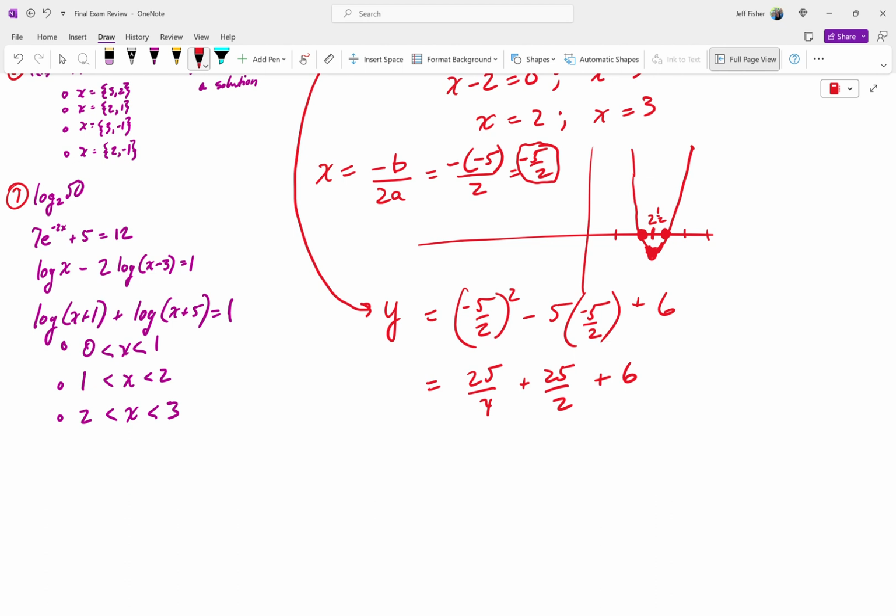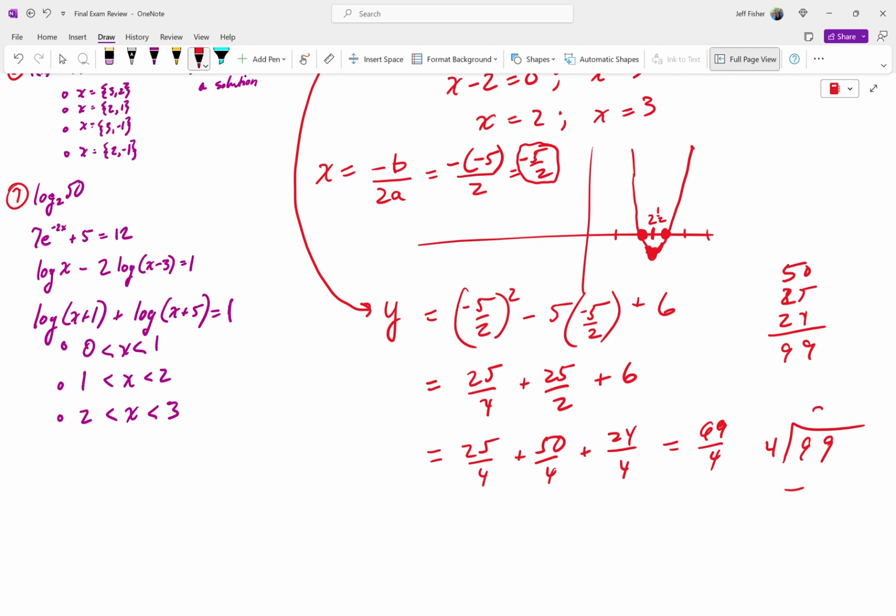If we create the common denominator of 4, we'll have 25/4 minus 50/4 plus 24/4. And so that's going to give us 25 minus 50 plus 24, which is negative 1, so negative 1/4. That's the value. So what's 4 into 1? We'll get a number that makes more sense to us: negative one fourth.